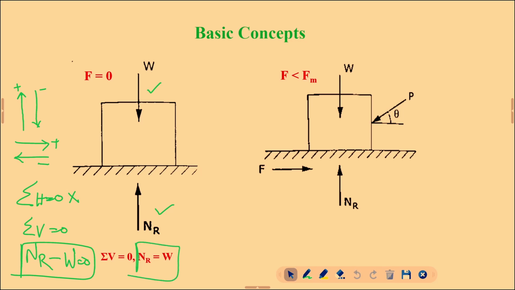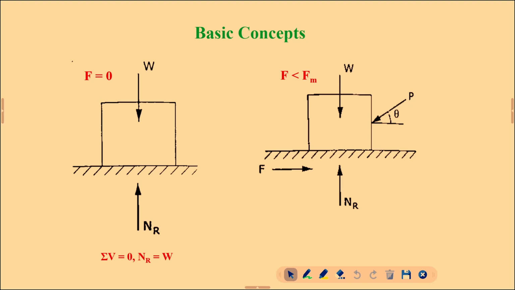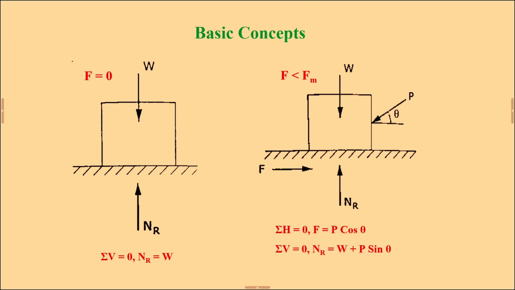Similarly, for the next case, if your friction is less than the limiting friction, what will happen? Now, again the object will be in the equilibrium condition. Why? Because you are applying a force at an inclination theta to the horizontal, and friction will develop.